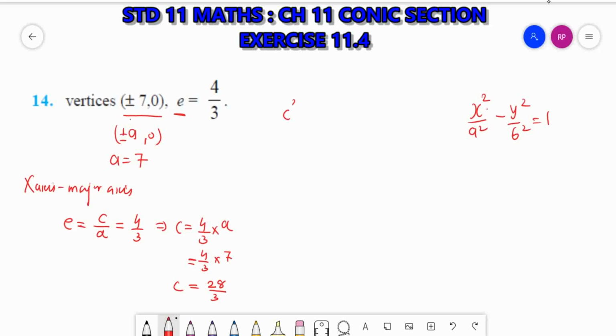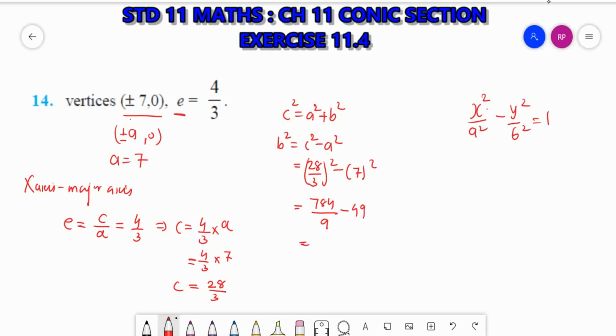So now I am having the equation c square equal to a square plus b square. So b square will be equal to c square minus a square. So c square, 28 by 3 whole square, minus a square, that is 7 square. So 28 square will be 784 upon 3 square, 9, minus 7 square, that will be 49.